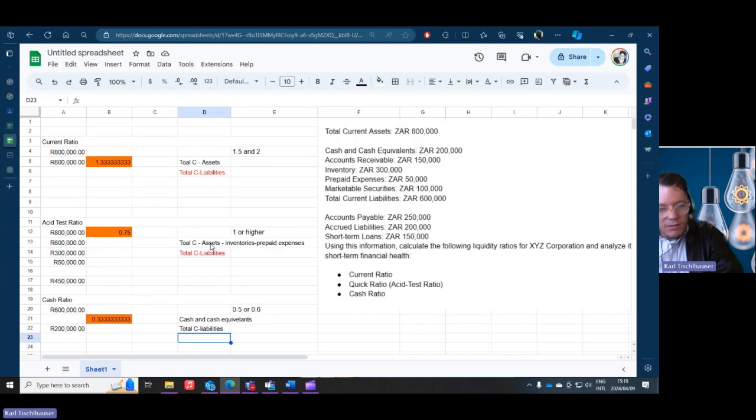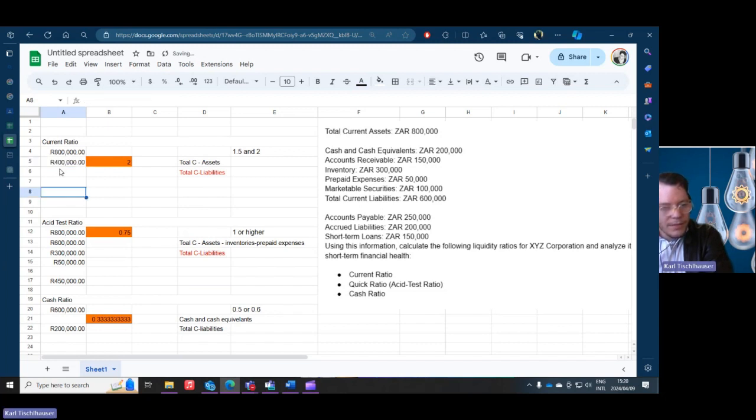Now I want to show you what it would look like if we had better results. Let's say we had fewer liabilities. Let's imagine our liabilities was 400,000 instead. Apologies, I need to add the zeros.